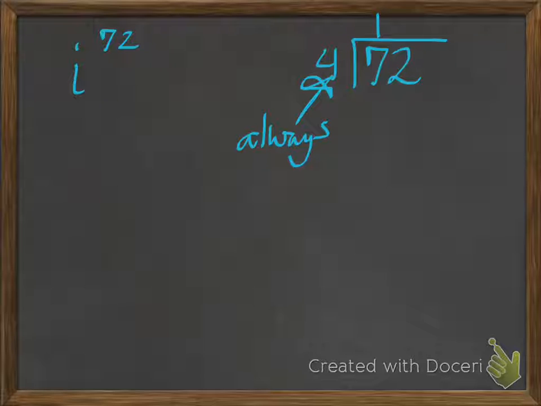So 4 goes into 7 once, leaving us 32. 4 goes into 32 how many times? So my remainder is 0. That means this is 1.